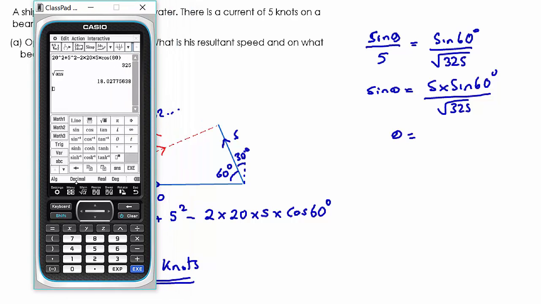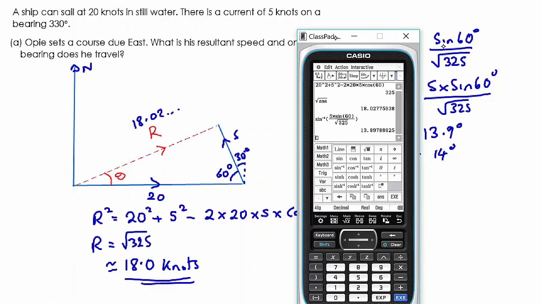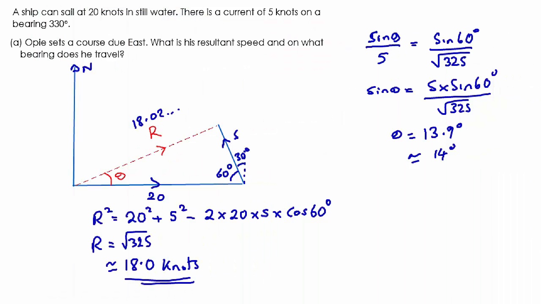So theta is going to be the inverse sine of 5 multiplied by sine 60, and we'll divide that by the square root of 325, and that gives me 13.9 degrees, or approximately, we'll say 14 degrees, because with bearings we usually give it to the nearest whole number anyway.